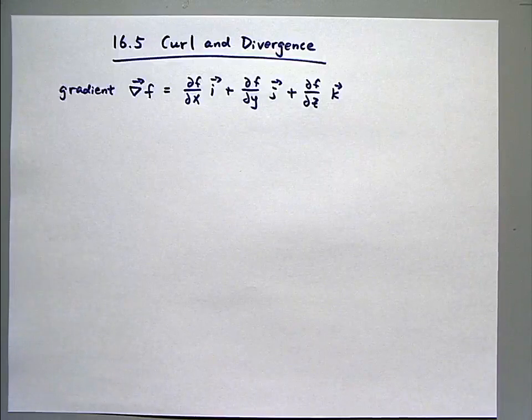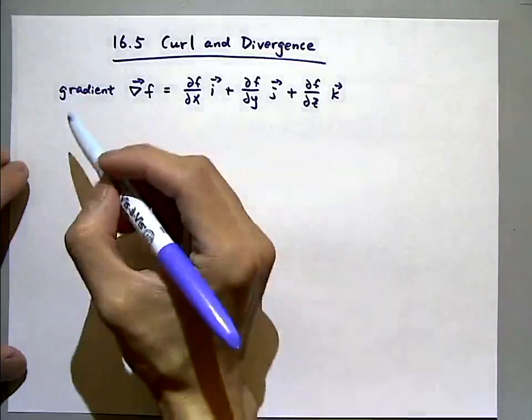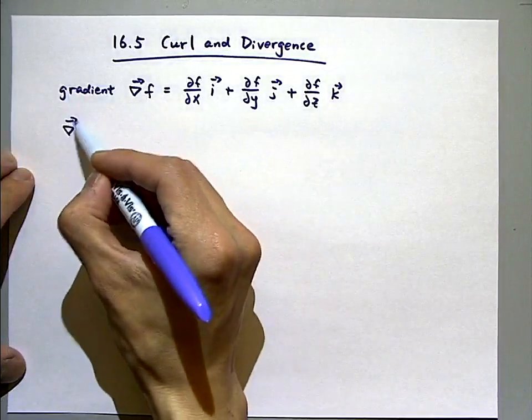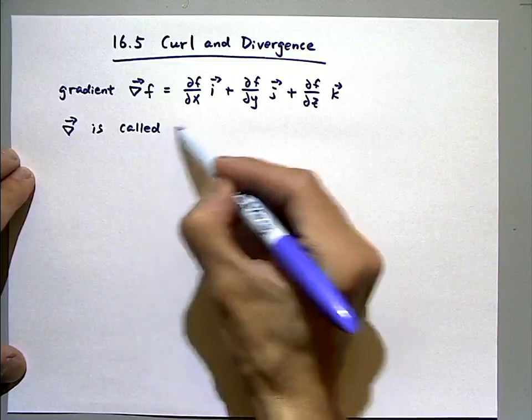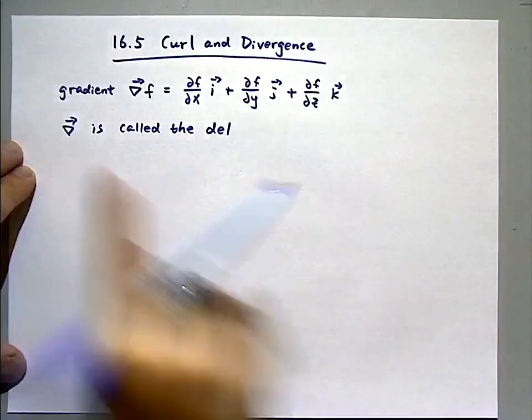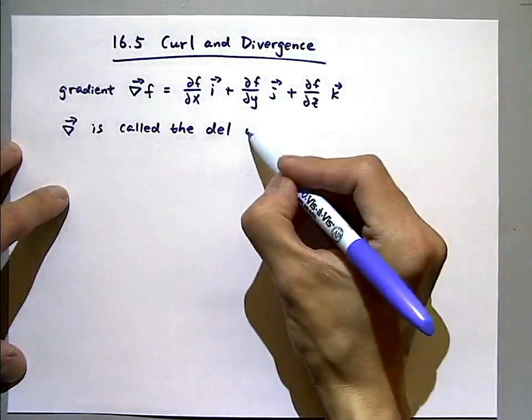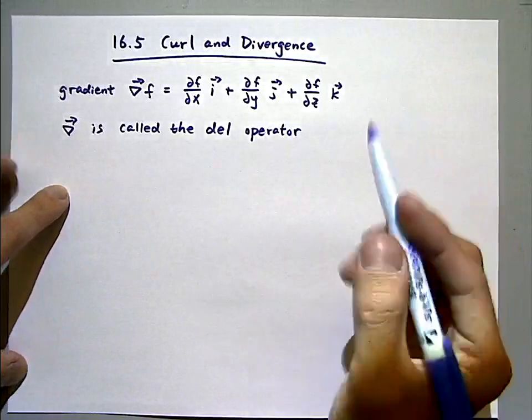So we're going to learn a little bit more about this gradient upside down triangle thing. This upside down triangle actually has a name. It's called the del operator.